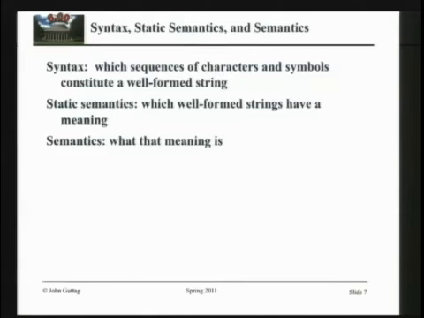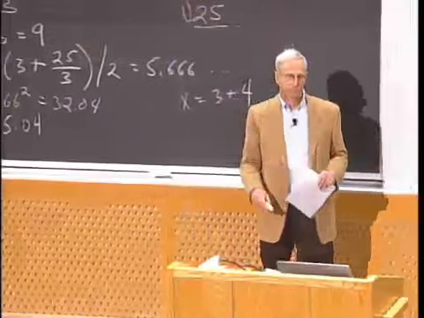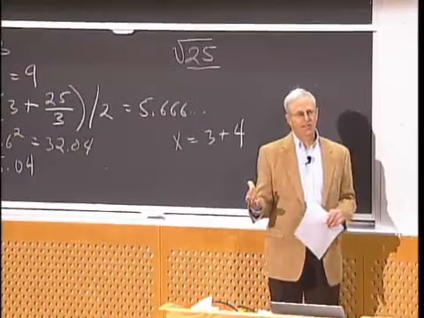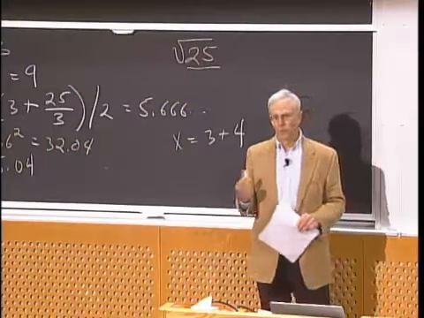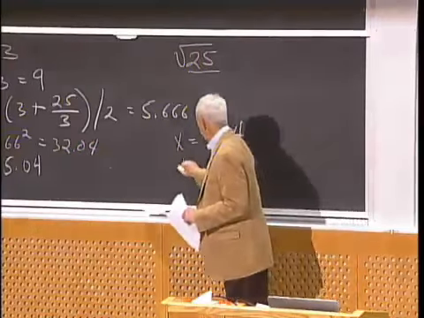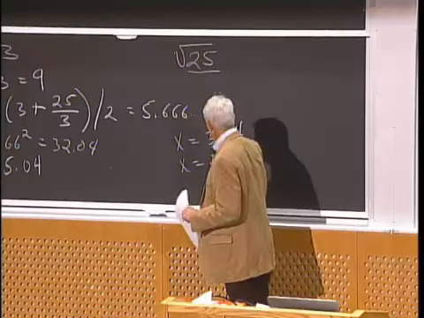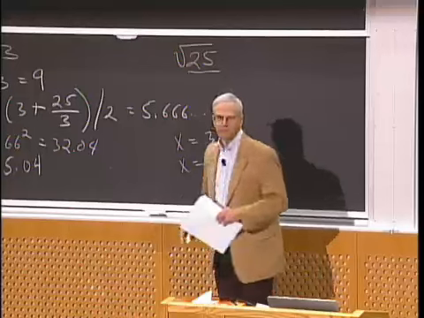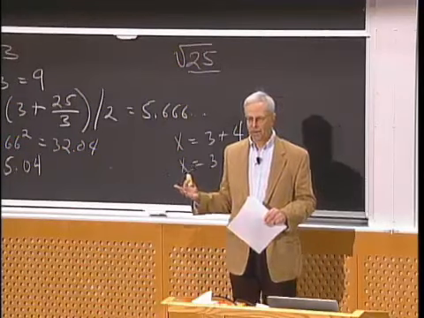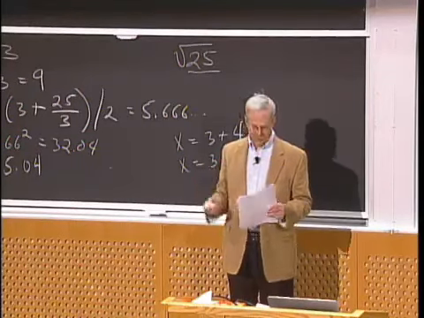So the syntax tells us which sequences of characters and symbols constitute a well-formed string. So it would tell us maybe that we could write something like x equals 3 plus 4, and that's syntactically correct. It's well-formed. It might also tell us that x equals 3 blank 4 is not syntactically correct. It's not a legal string.